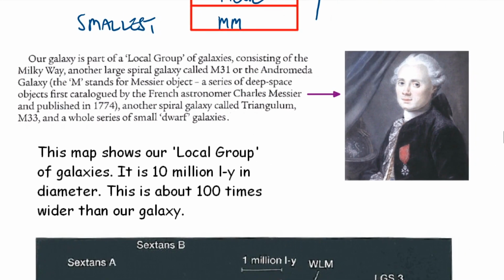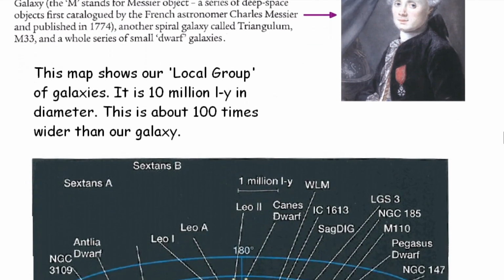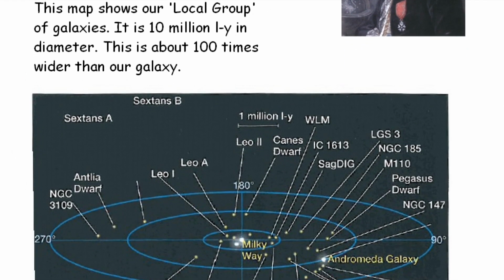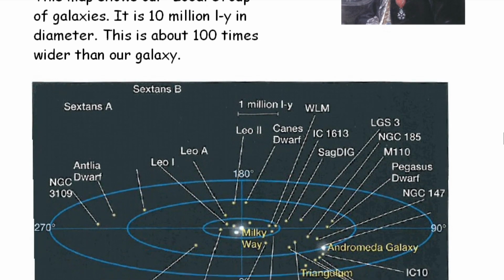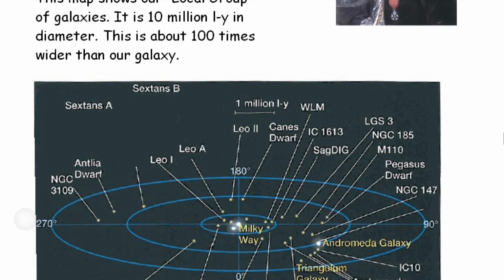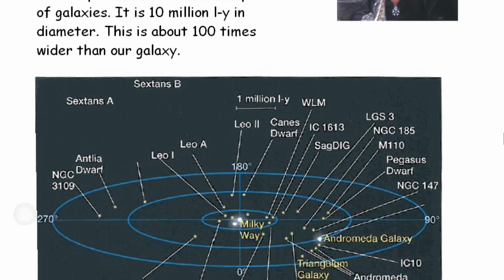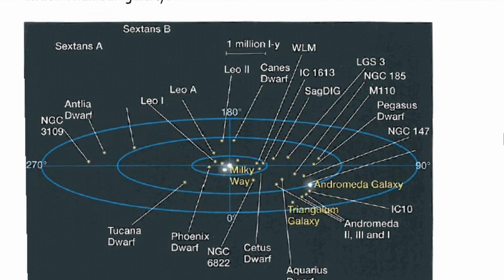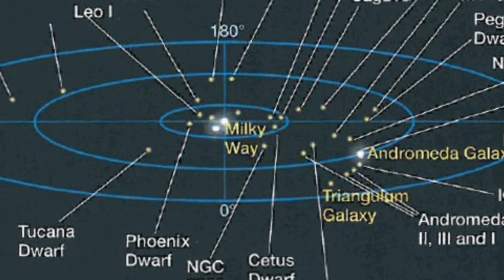This map shows our local group of galaxies. It's 10 million light years across in diameter. This is about 100 times wider than our galaxy. Look, there's the Milky Way right in the middle, and look at all these other galaxies around us.